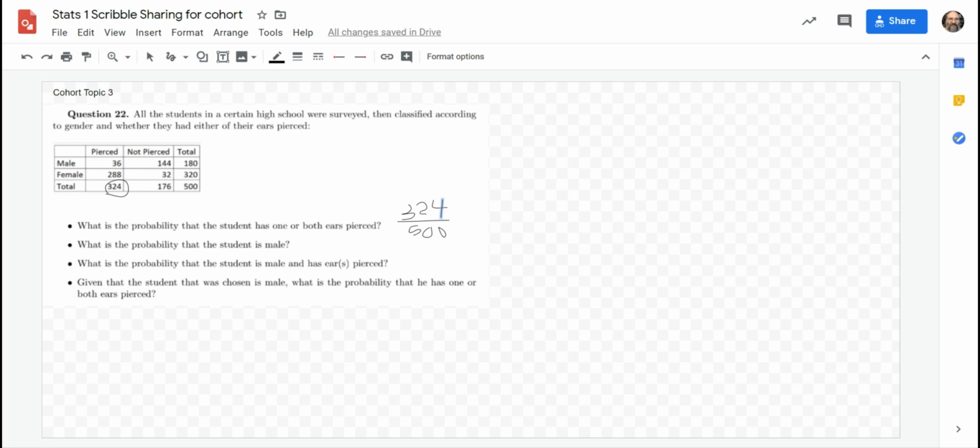Let's see if the second one is equally simple. What is the probability that a student is male? Yes, that's equally simple. We're not inquiring at all about the pierced or not pierced status, so we can simply focus on the male total. This is all males, 180, out of a student population of 500.